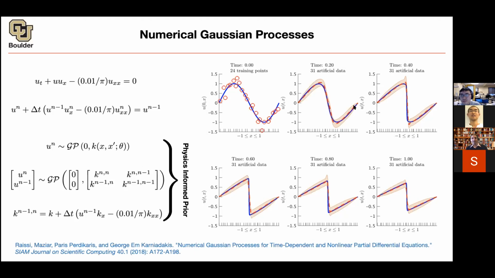By artificial data, any point that you sample here is going to have a distribution, so it's uncertain. It has a mean and it has a variance. The rest of it is the same as before. Training, condition on the artificial data, predict, and push the uncertainty.